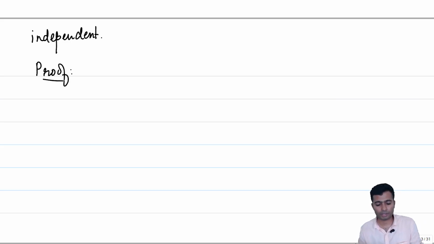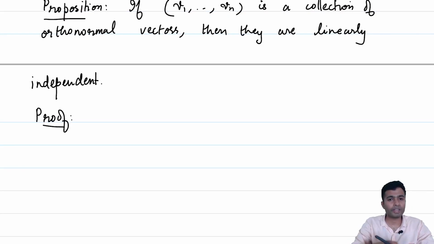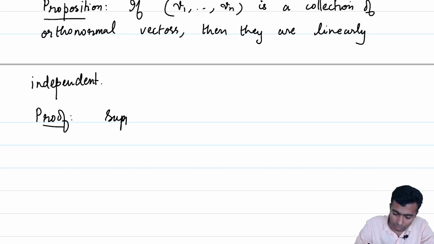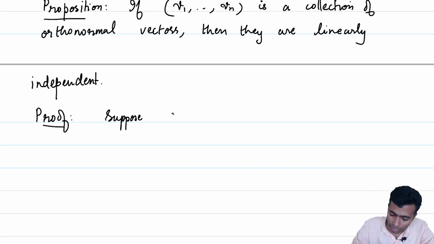We could prove it in multiple ways, but let's make use of what we already know. So suppose we have a linear combination of v1 to vn which is equal to 0. Suppose a1 v1 plus a2 v2 plus up to an vn is equal to the 0 vector.